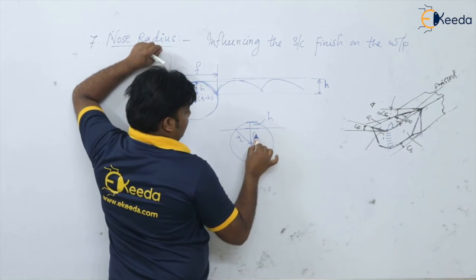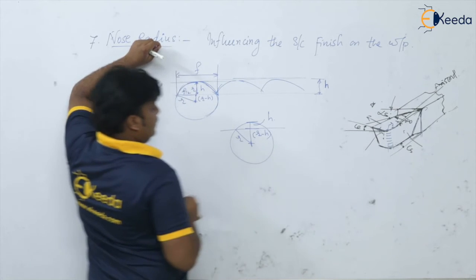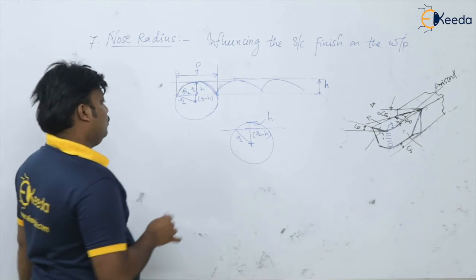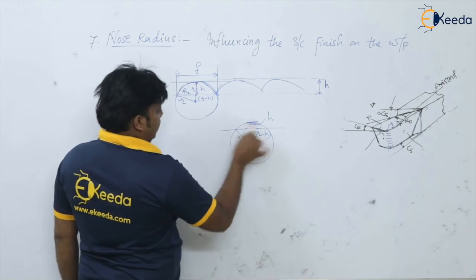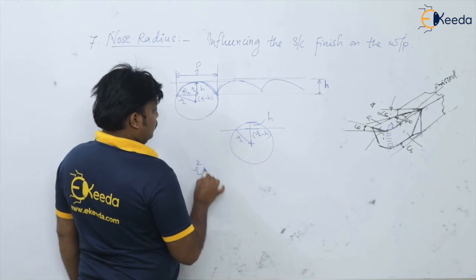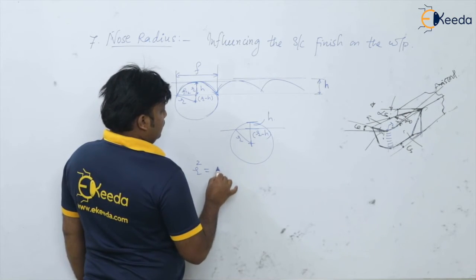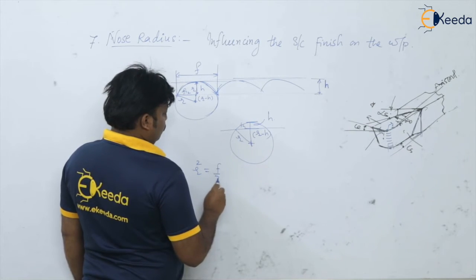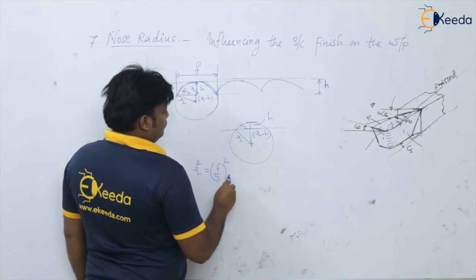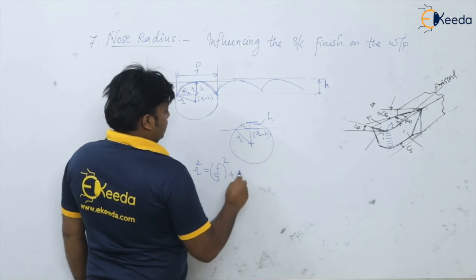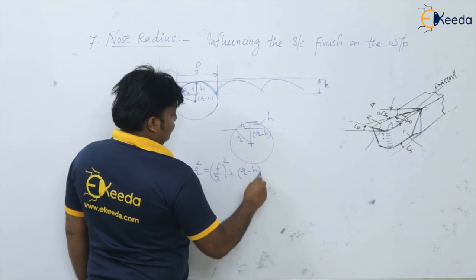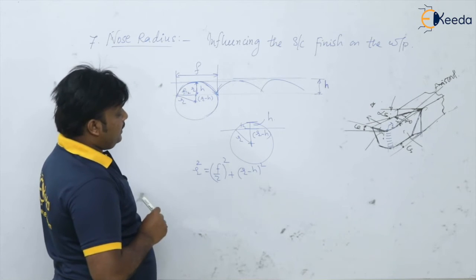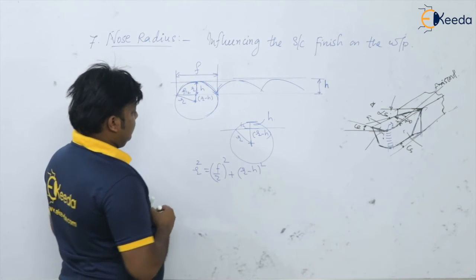Then this will be R minus h, isn't it? So from this diagram, what can we now write? R square is equal to f by 2 whole square plus r minus h whole square.